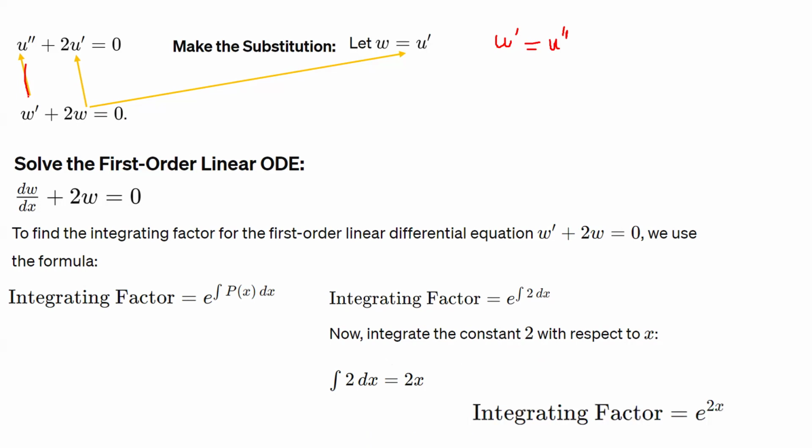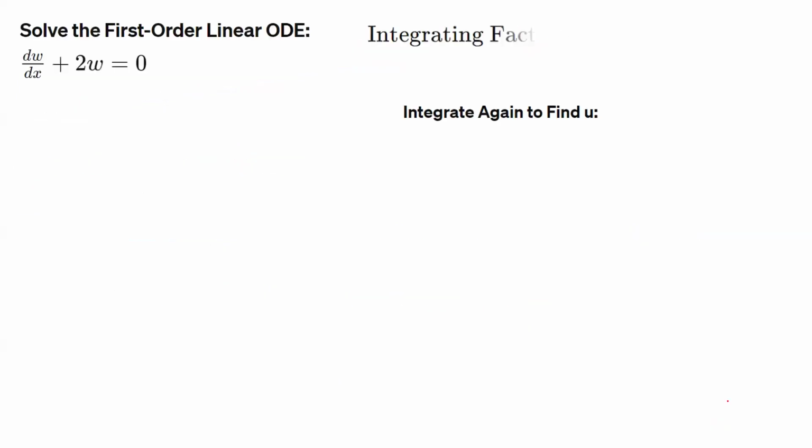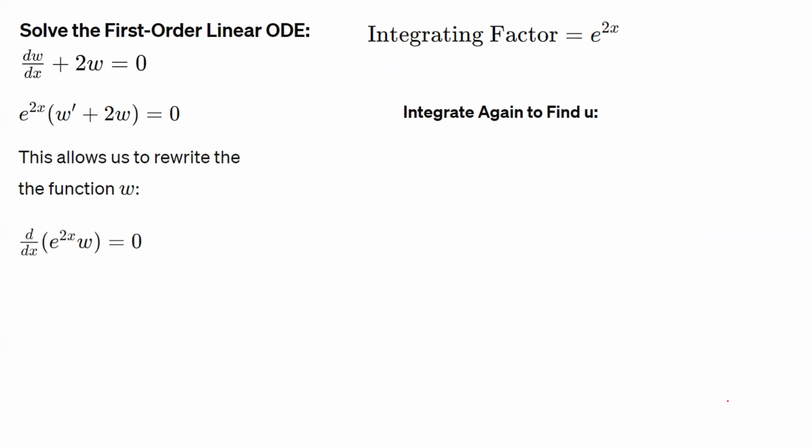So the integrating factor is e to the power 2x. Now that you found the integrating factor, as you remember, you can multiply the differential equation by the integrating factor, left-hand side and right-hand side, and then take the integral of both sides.